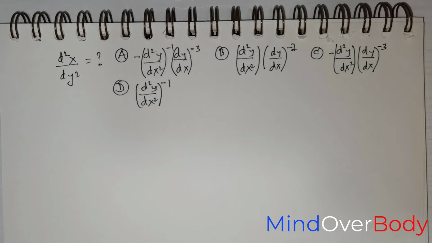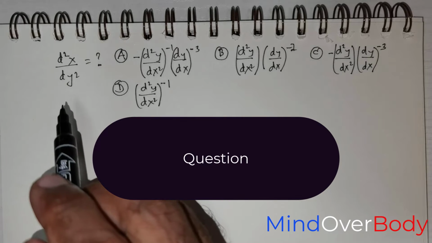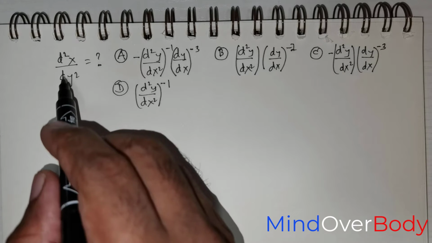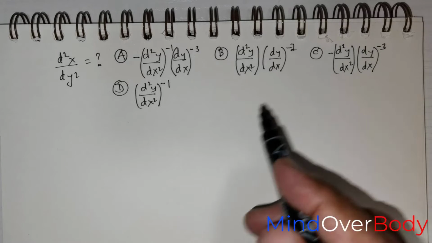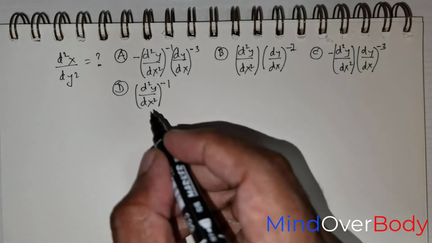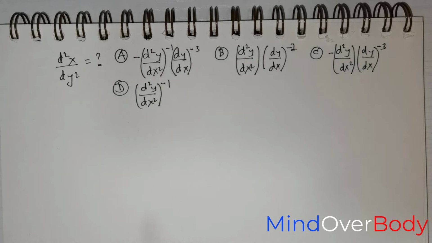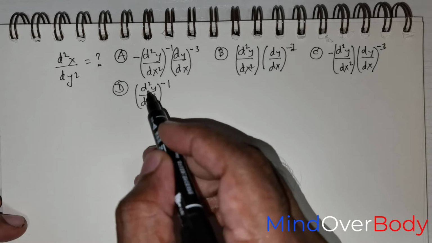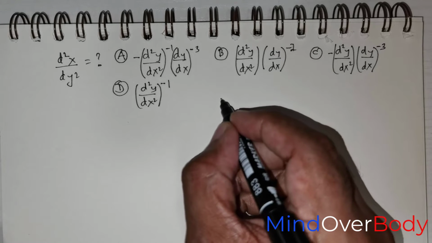Students, we have a beautiful question. The question wants us to find out what exactly is d squared x over dy squared. Now we have four options. Just make an observation on option D that has been given. We have d squared y over dx squared raised to the power of -1. Now what exactly is this?